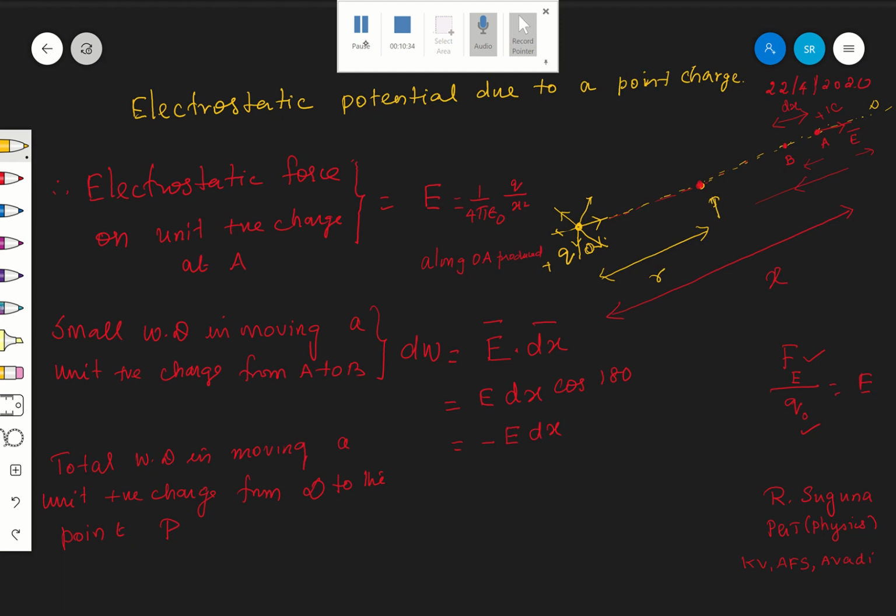This is P. Therefore, that is given by W.